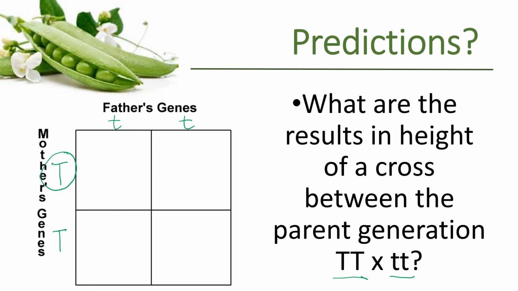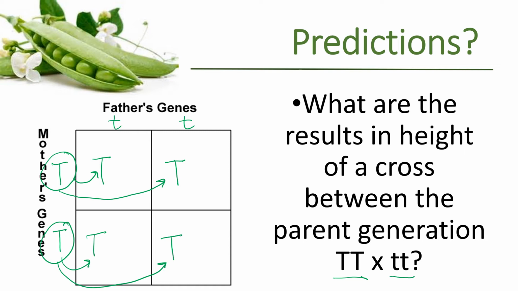I would take the big T from my mom and move one into this particular square next to her row. I can also move this T into the other part of the row. I'm going to do the same with the bottom row. And now I've filled it all with my mother's alleles.